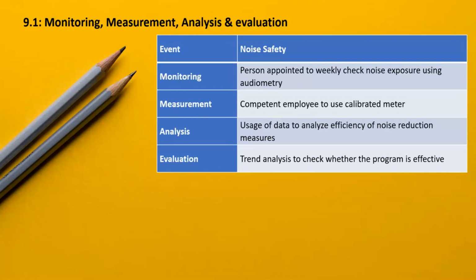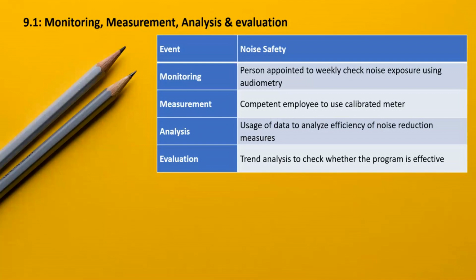You need to understand the concept of all of these four terms so you can effectively implement this clause. In this way, you can apply these four terms related to performance evaluation on each objective that you have planned in the planning stage to check its effectiveness.